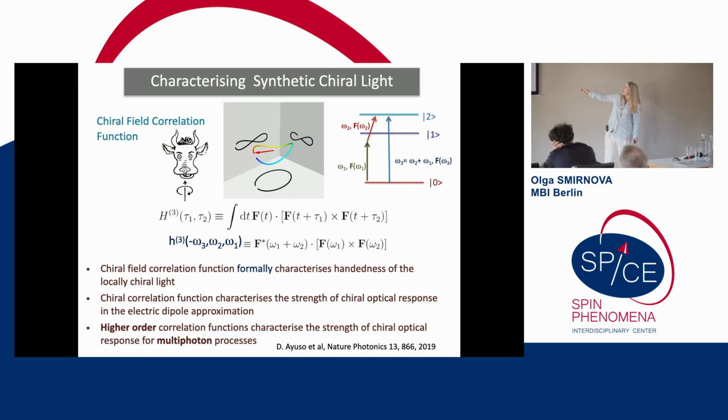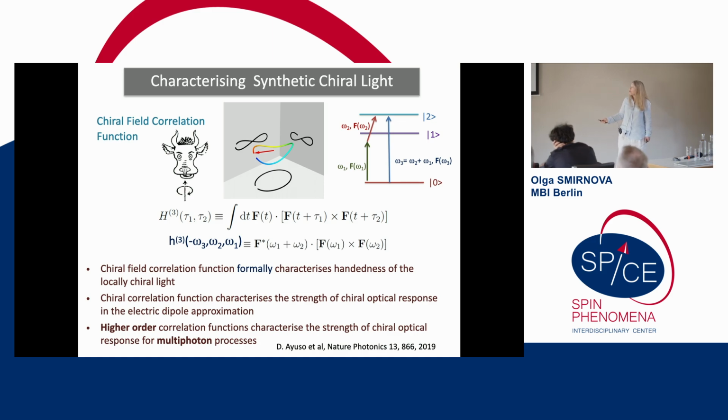And this is a simple example of a coherent control problem. We understand that the temporal shape is defined by the phase relationship between components, but the phase relationship between components also controls the interference here, which can be destructive or constructive, and it will be opposite for opposite chiral molecules.